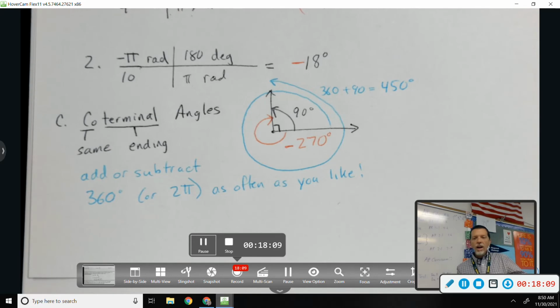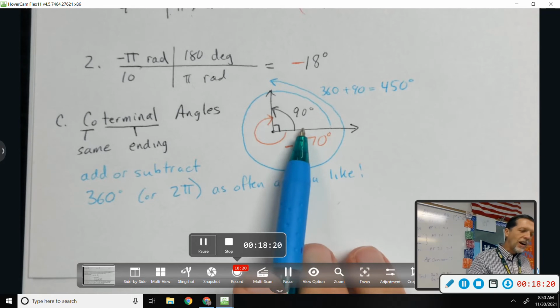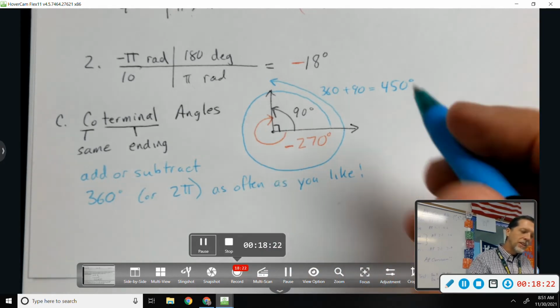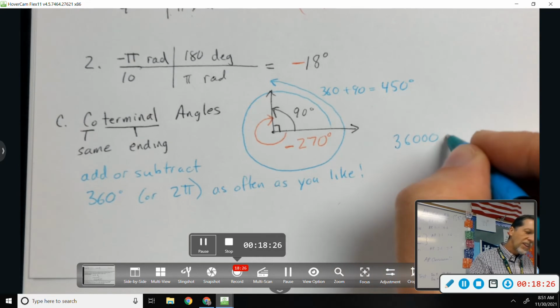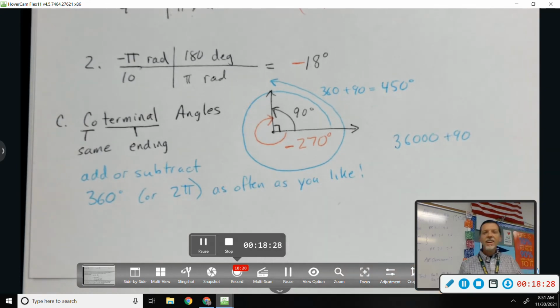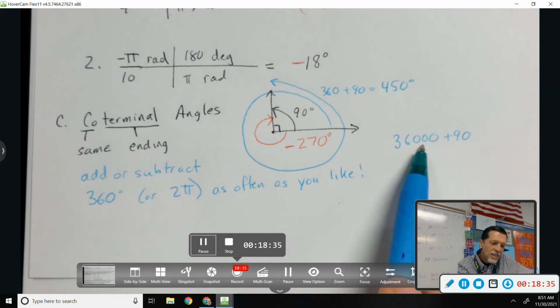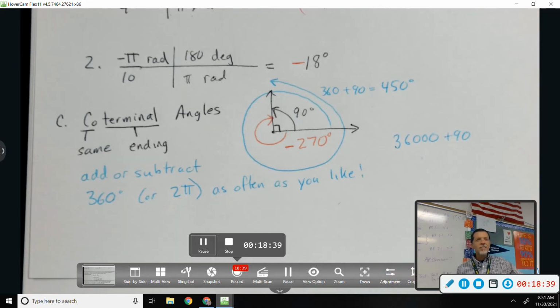This is where I'm glad we switched to multiple choice, because every year one person per class would get cute on this and say, aha, I know a coterminal angle with 90. It's 36,000 plus 90. Well, yes, it is, because 360 times 100 is 100 spins plus 90 degrees.